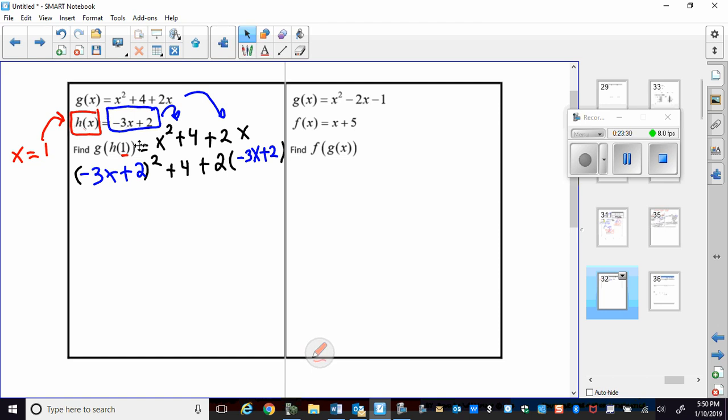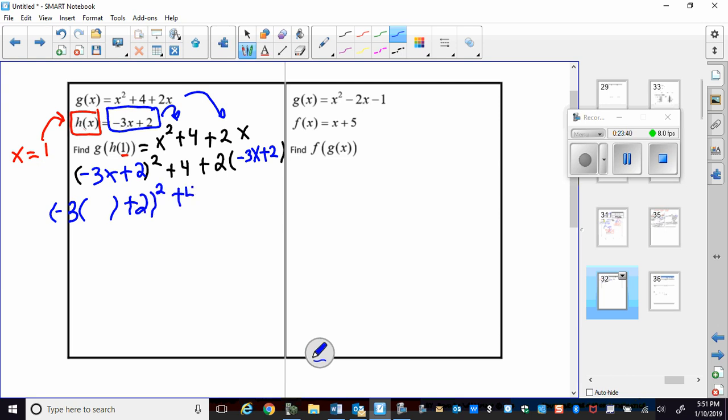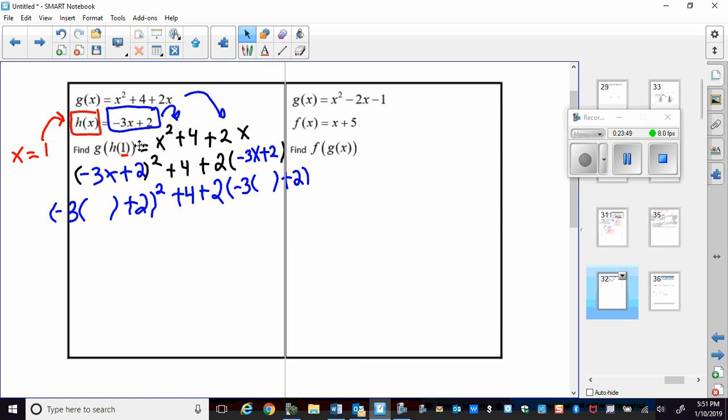So we have parentheses, negative 3 times something plus 2, and it's squared, plus 4 plus 2 parentheses, negative 3 times something plus 2. All right. And we put a 1 inside each time.